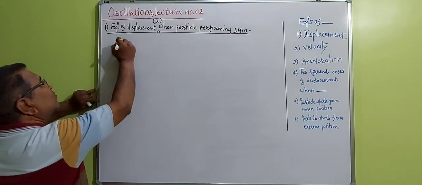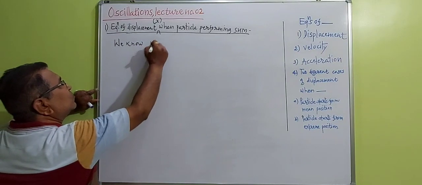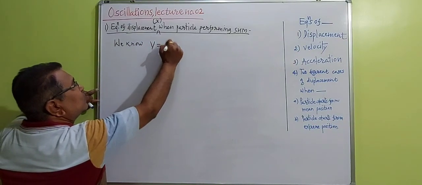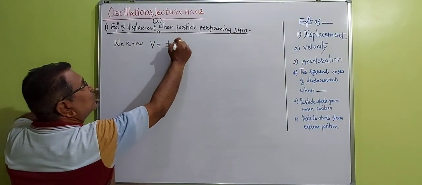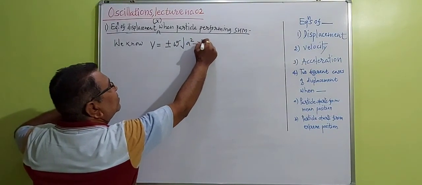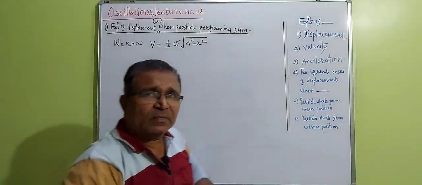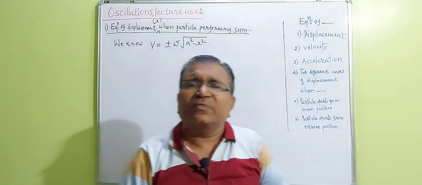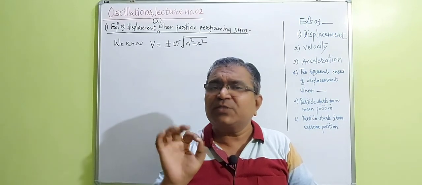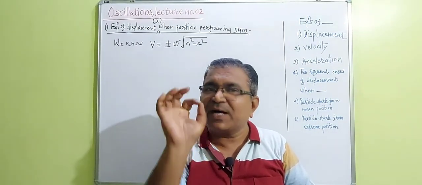We know, write the formula of velocity now. V is equal to plus or minus omega square root of a square minus x square. This is a formula of velocity. What is velocity? Velocity is nothing but the rate of change of displacement. So v is equal to dx by dt.